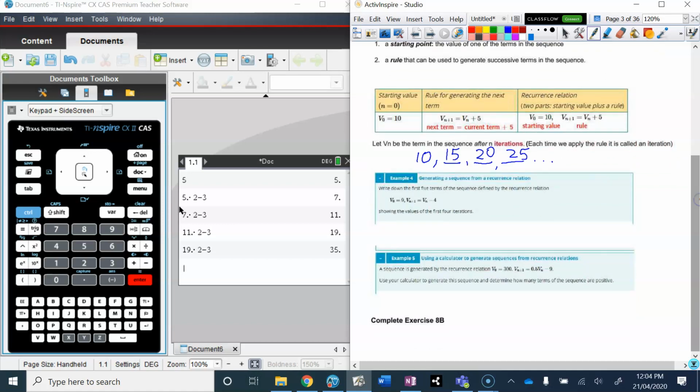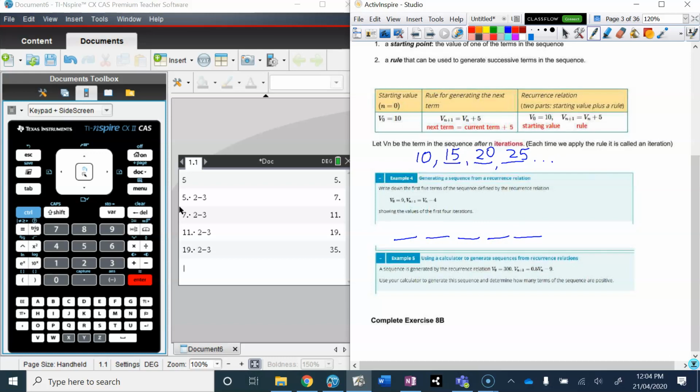So example 4 asks me to do a similar sort of thing. So writing down the first 5 terms of the sequence defined by the recurrence relation, showing the values of the first 4 iterations. So all that's meaning is write down the first term and then the next 4 values of the sequence.